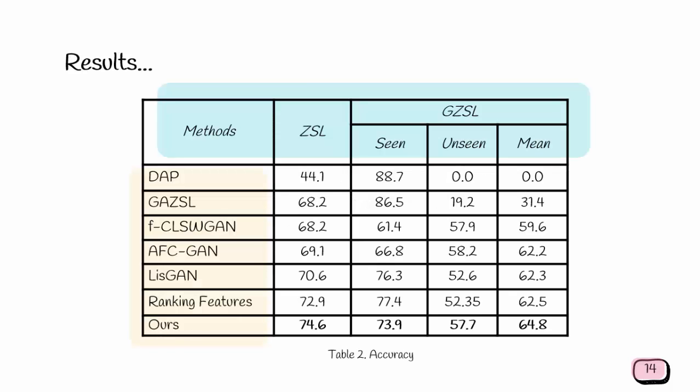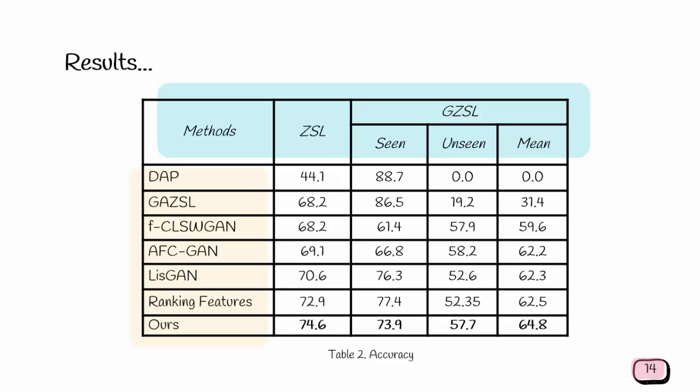In this table, the GZSL and ZSL settings are used to compare the proposed approach and other methods that use the AWA dataset. The formal results that were published in the papers served as the basis for the results that were reported for the different methods.